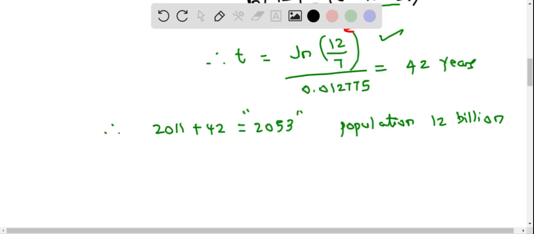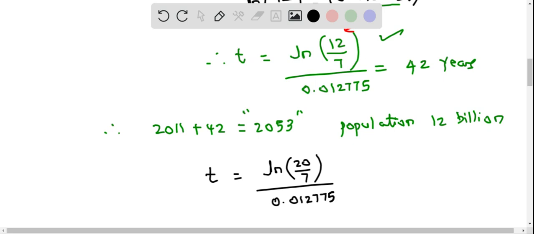So let's do that. I'm going to put t equals the natural logarithm of 20 over 7 divided by 0.012775. And when we plug this into the calculator, we get approximately 82 years.